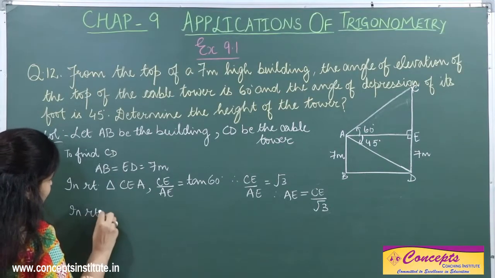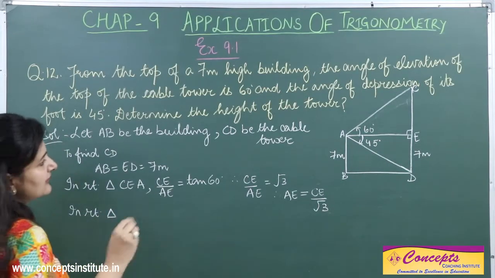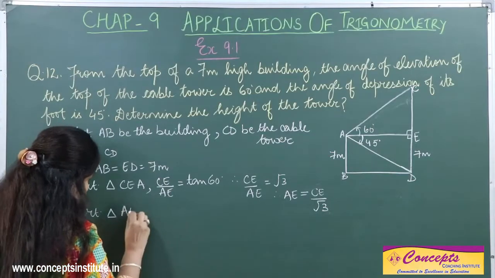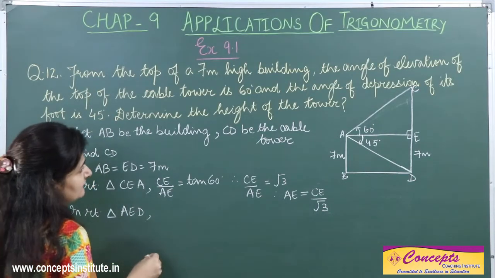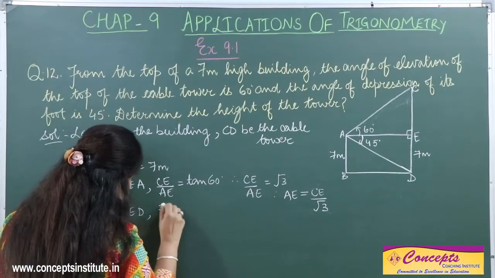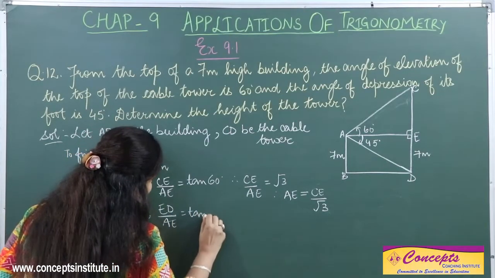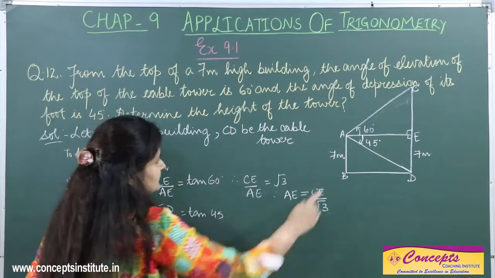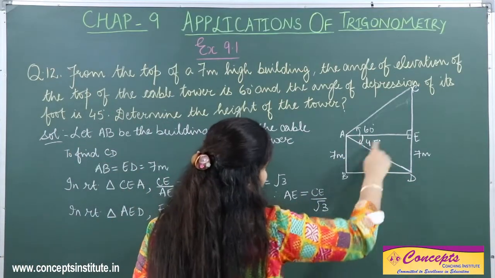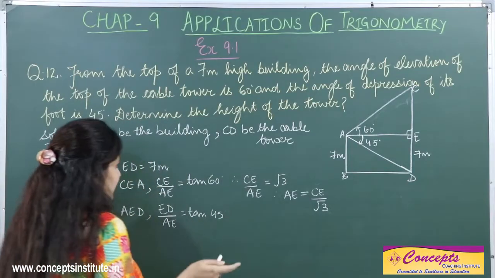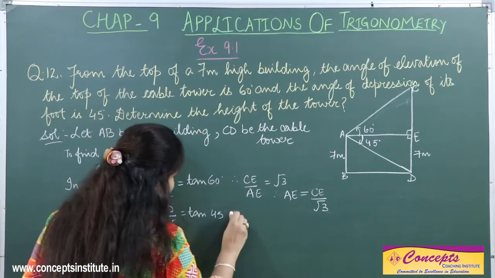So in the next right triangle, that is AED, we have ED upon AE, this is equals to tan 45. So as you can see this is the angle, so the side opposite to the angle is the perpendicular, therefore ED upon AE is tan 45.